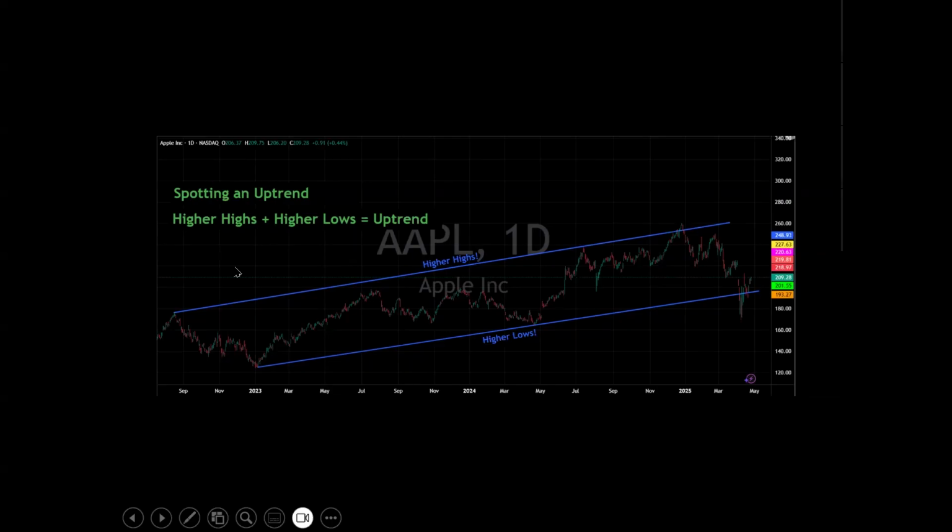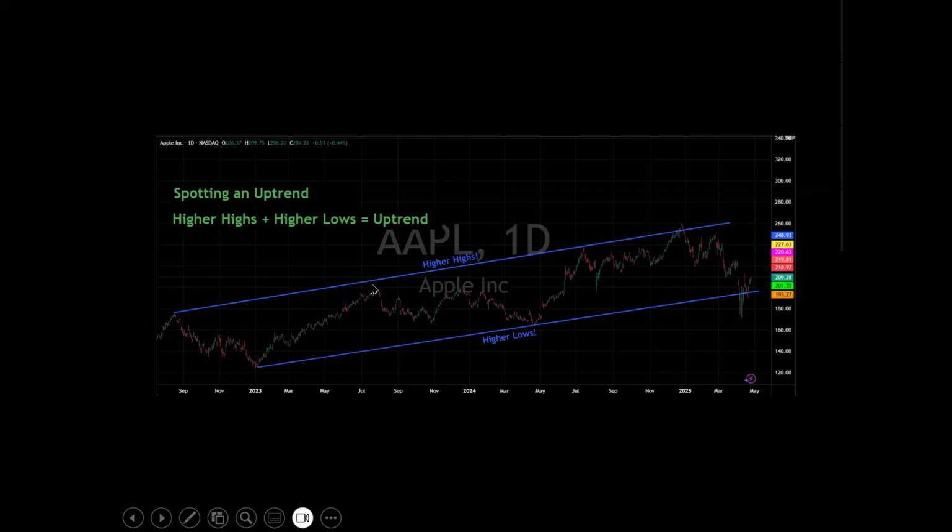This is how you spot an uptrend on a chart. You see these peaks right here, a peak right here, a peak right there. It's like little mountaintops. That's what we call higher highs. Because this is a high, and it's higher than everything right here.